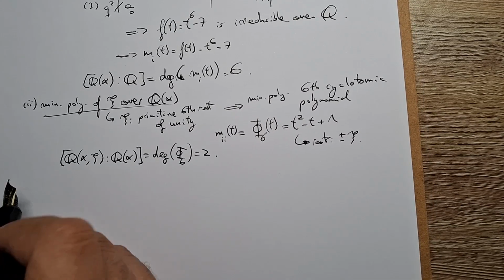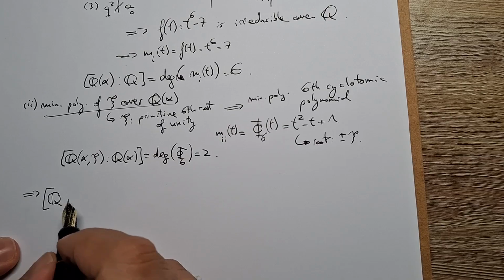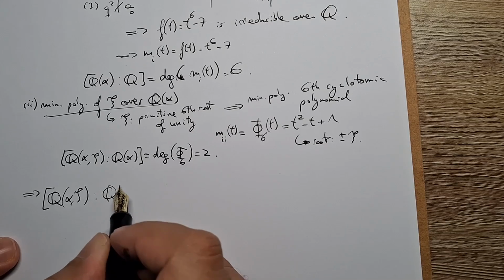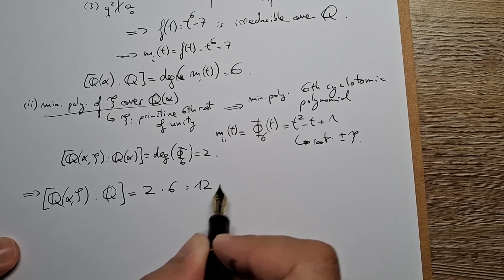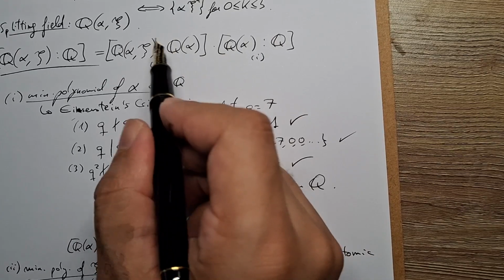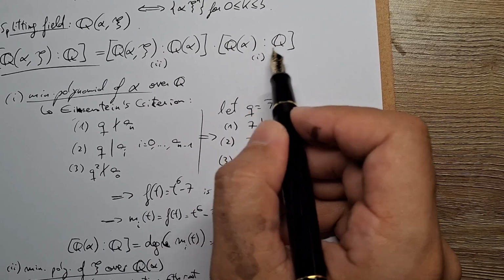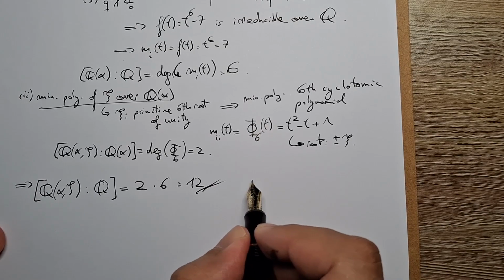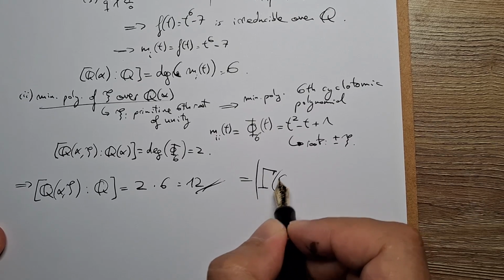So with this, now we can already conclude the total degree of this field extension, alpha and theta adjoining to Q over Q. This is 2 multiplied by 6, which is 12. This is what we were trying to do here, just that now we replaced with the actual concrete value of the degree, which is 2, and here the other degree, which is 6. 2 multiplied by 6, 12. This is also the order of the Galois group of this extension.